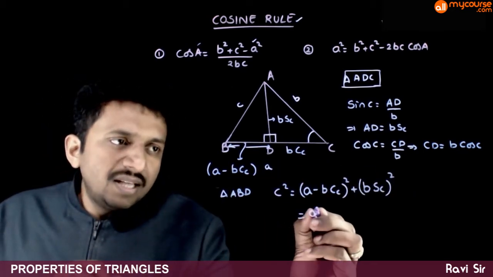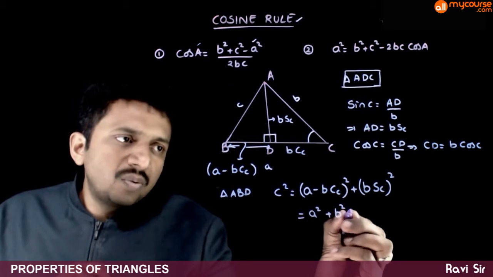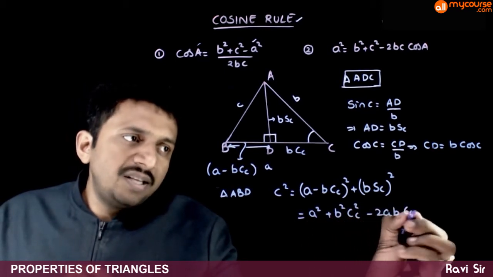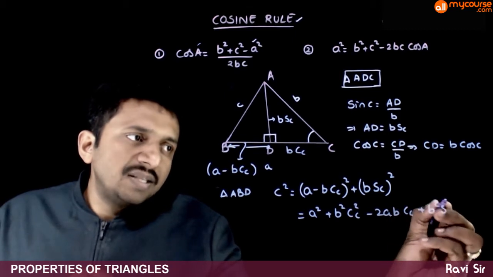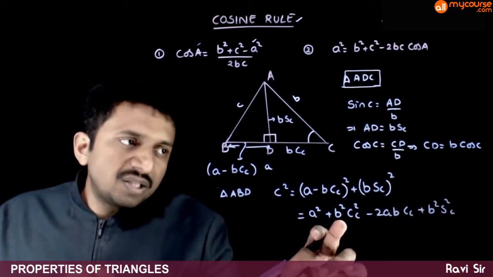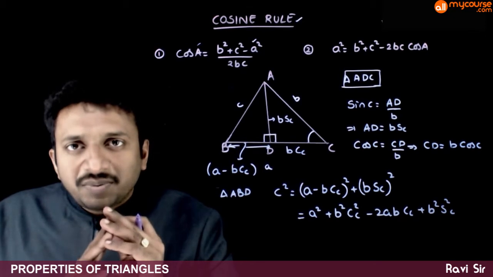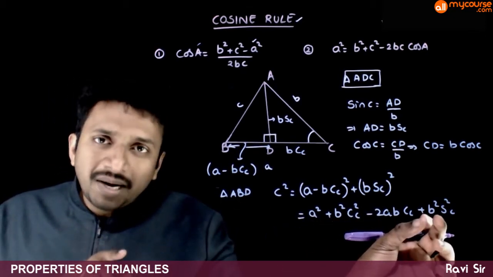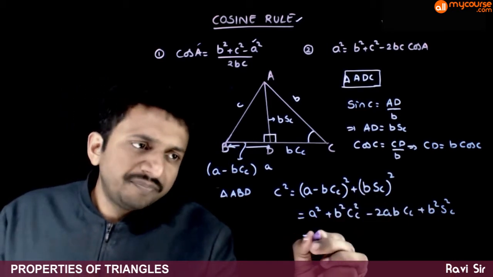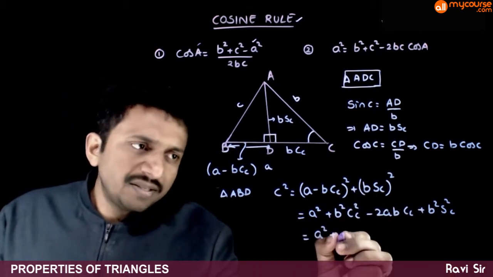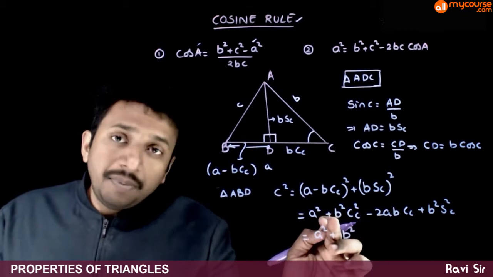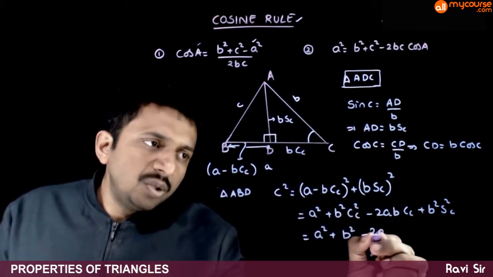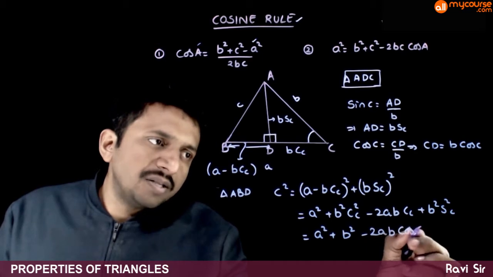That is equal to a square plus b square cos square C minus 2ab cos C plus b square sin square C. So b square cos square C plus b square sin square C, these two terms combined become equal to b square times sin square C plus cos square C, which is 1.